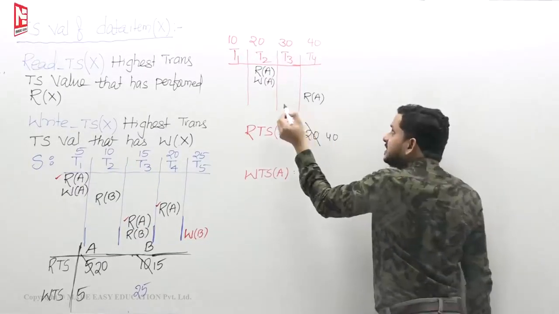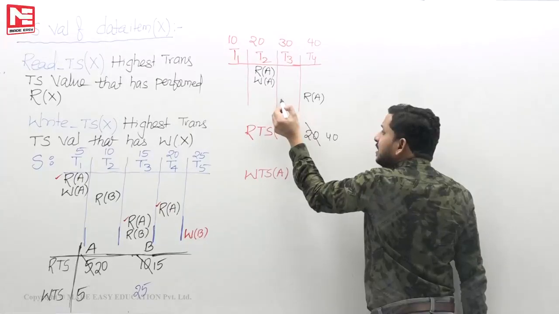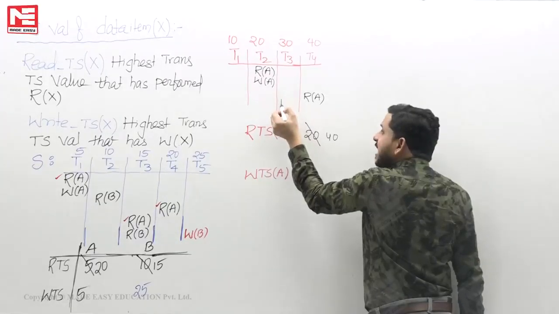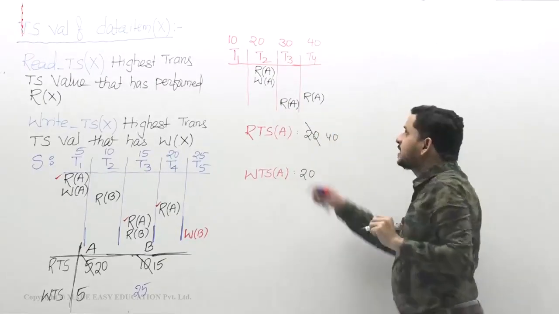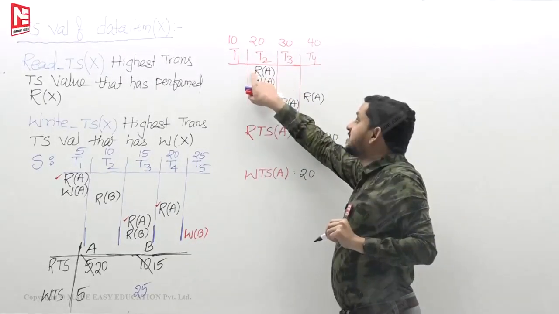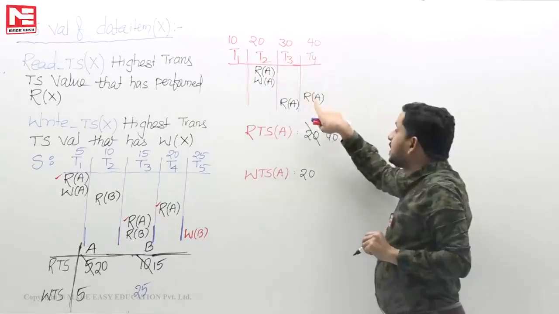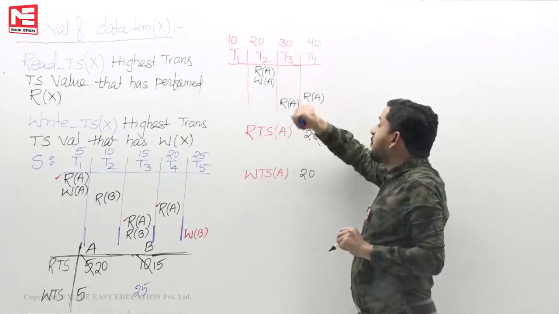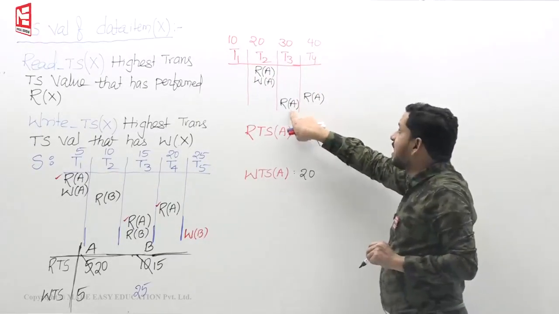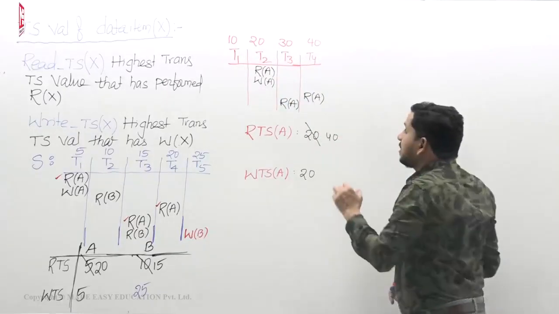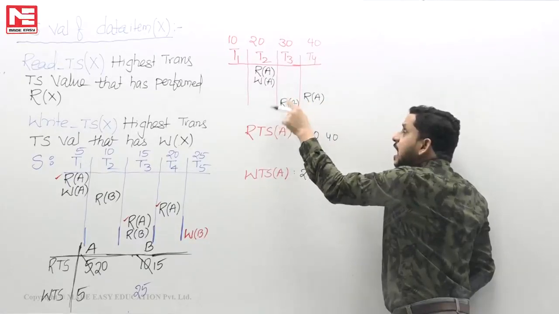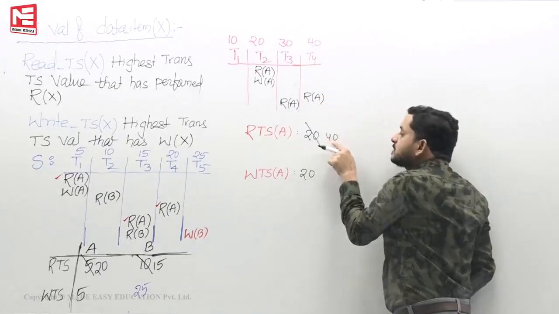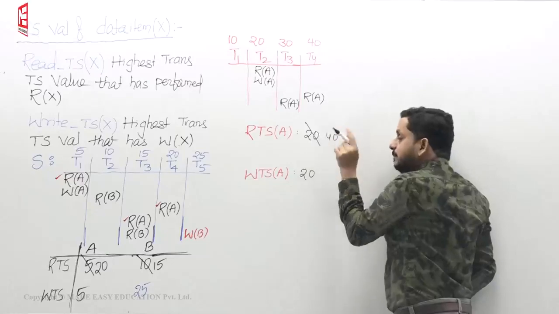Okay, after that transaction T3 reads A. See, T2 reads A, timestamp 20, T4 reads A, timestamp 40, and T3 reads A, timestamp 30. So the highest one is 40 only. Even though T3 reads after T4, the read timestamp value of A remains 40.